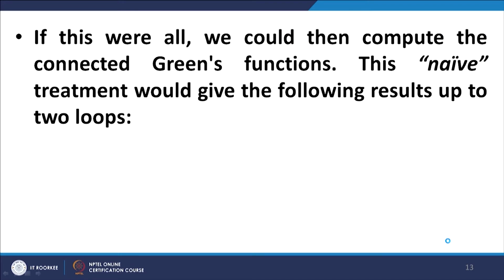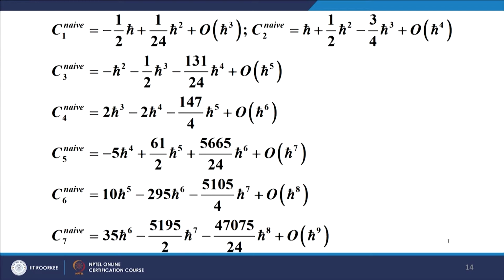Now, if we use these results, and we work out the values of C1, C2 and so on at two loop level, what we get is the results that are shown in this slide.